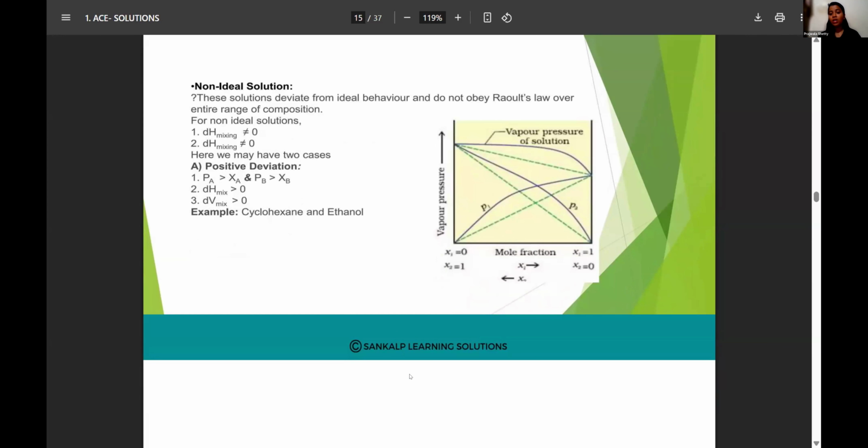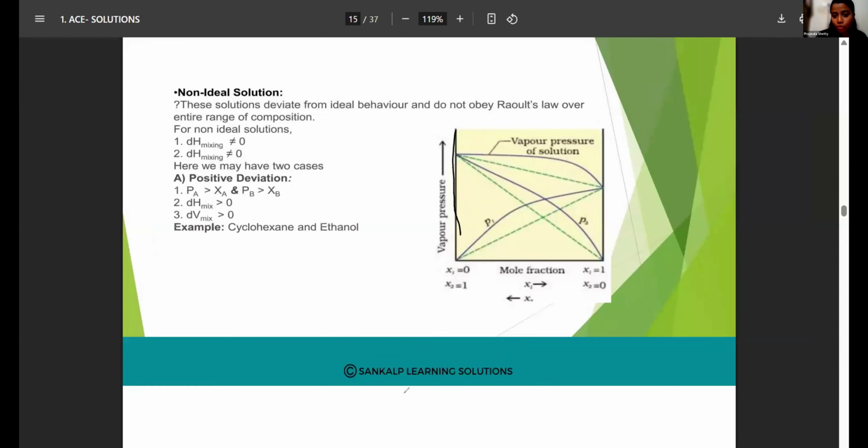As I showed you previously, you saw this graph, right? Only these green dotted lines were present there. Do you remember? And you can see some purple lines above the lines, right? You have something like this.